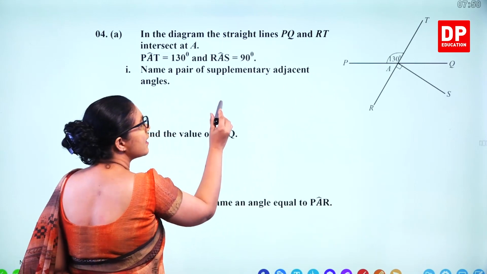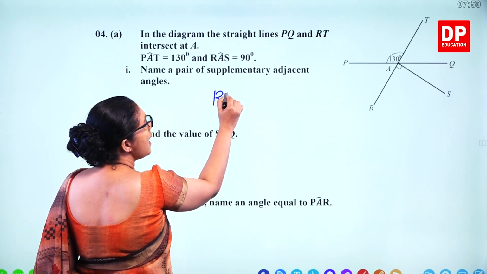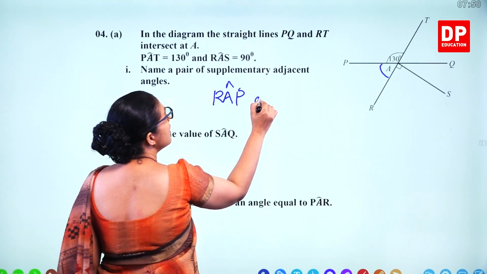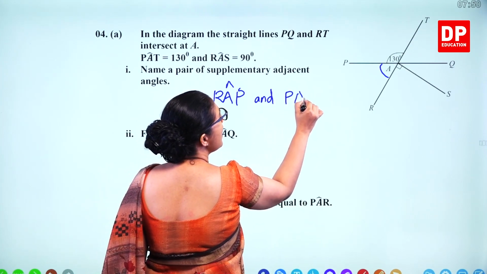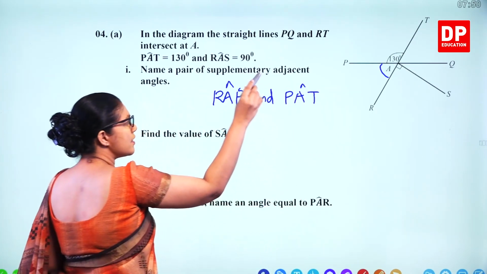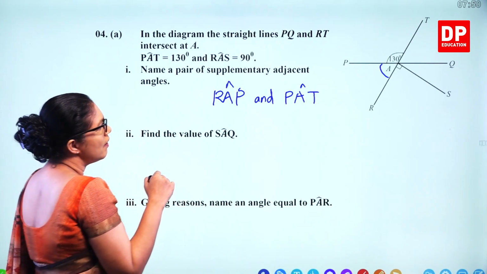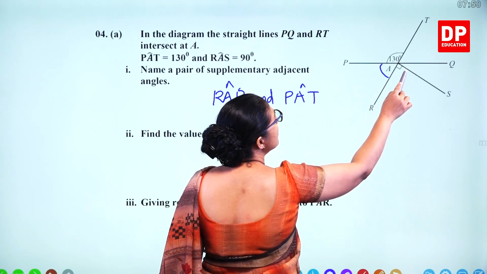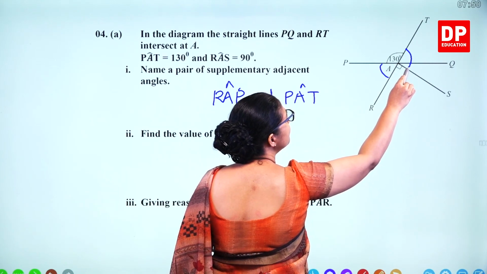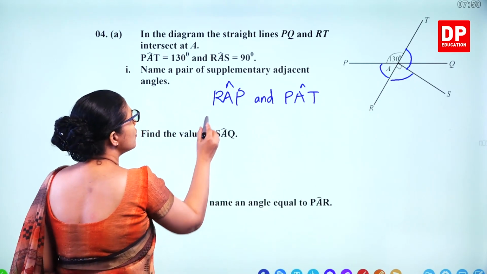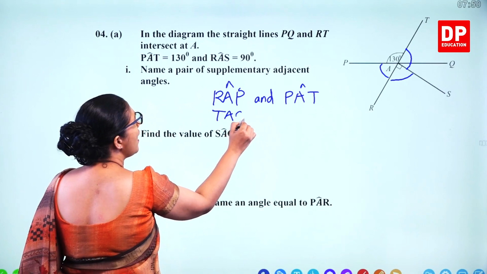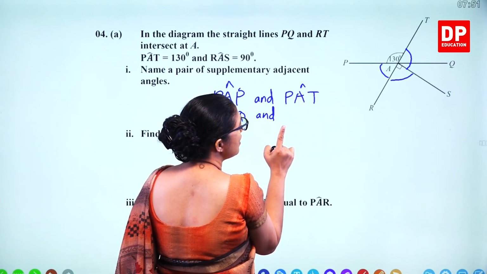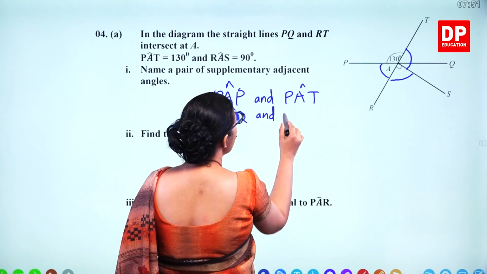So we can take this angle RAP and PAT angle. That's supplementary. Add up to 180. Or you can take these two, this and this. So you can write either TAQ angle with QAR.